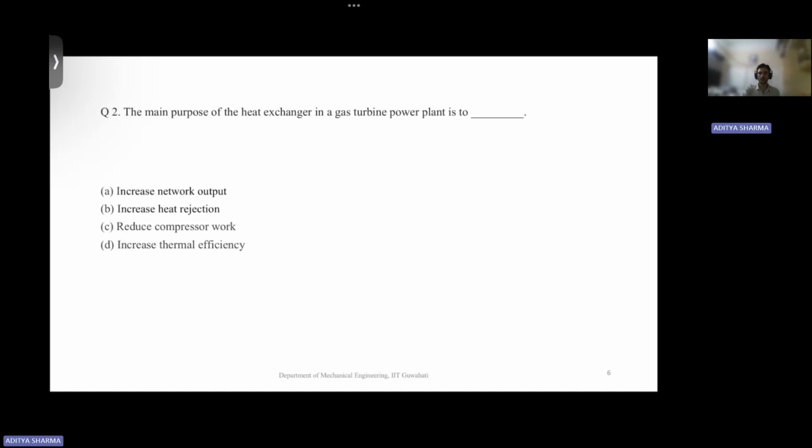Please read this question number two and then try to answer this. The question is on heat exchanger.